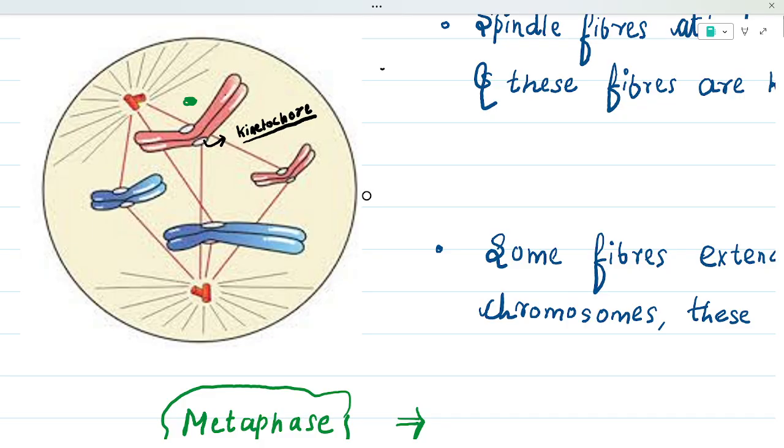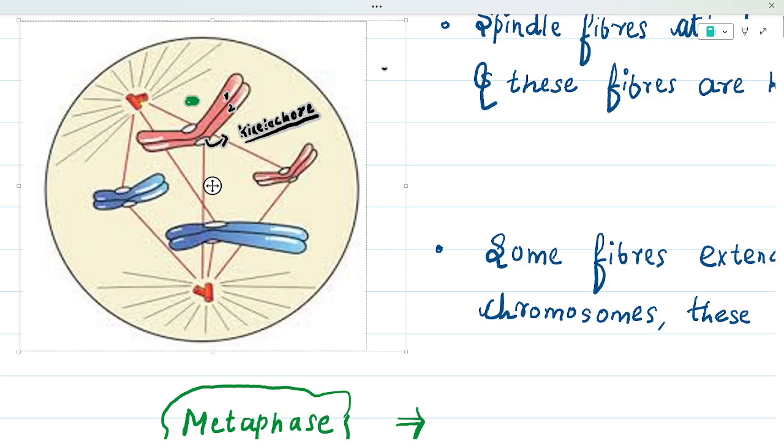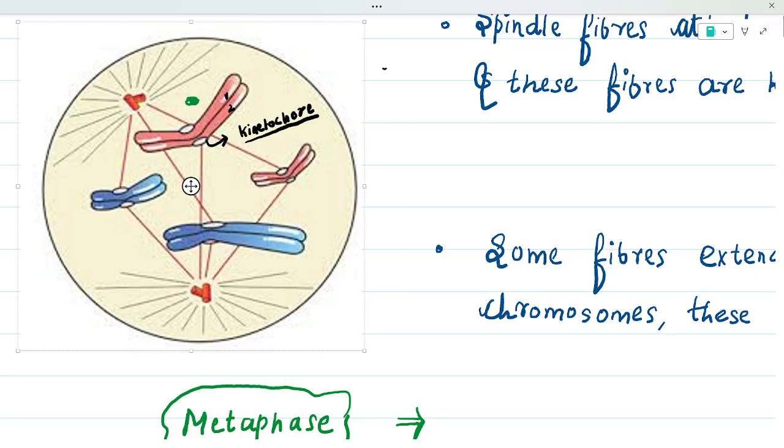This is one chromosome having two sister chromatids, 1 and 2. Here in this stage, before entering metaphase, these are a perpendicular pair of centrioles. From this centriole, spindle fiber arises, and these are attached to the kinetochore.